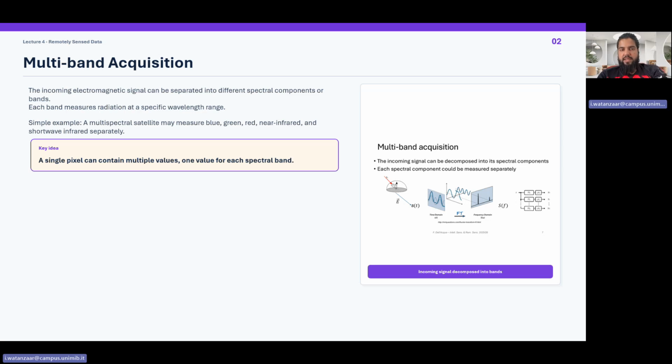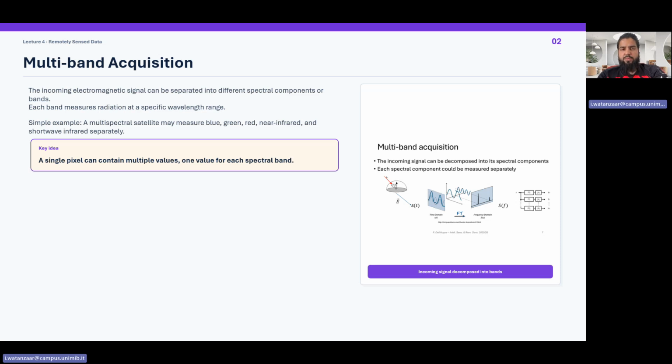The incoming electromagnetic signal can be separated into different spectral components or bands. How is it separated? It is based on the wavelength. The wavelength comes with multiple intensities, or continuous intensities, captured by the sensor, and they take multiple bands.